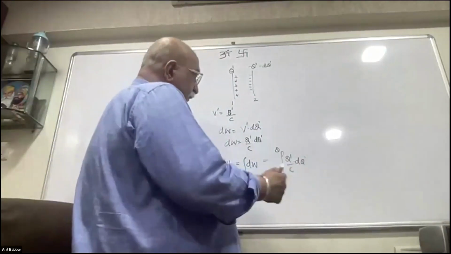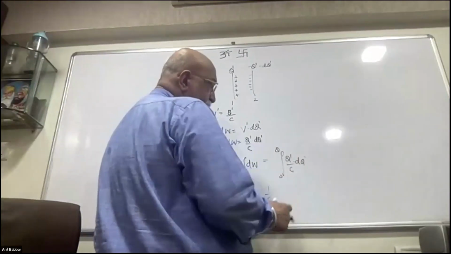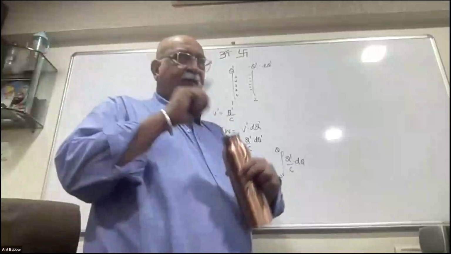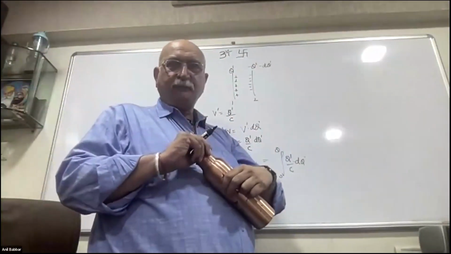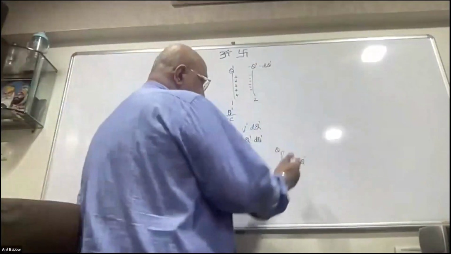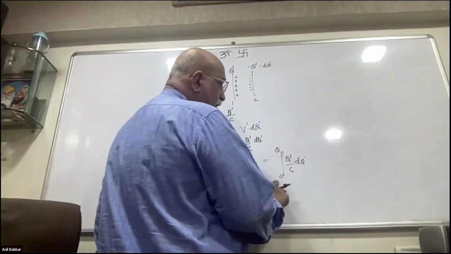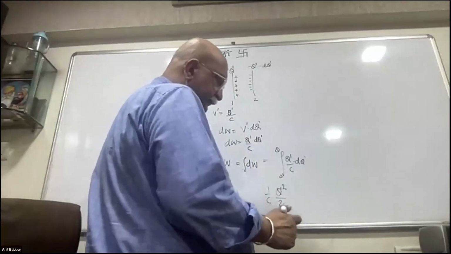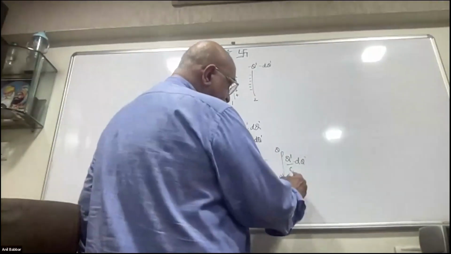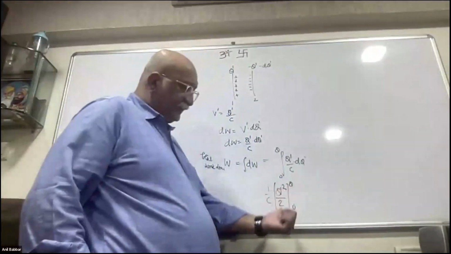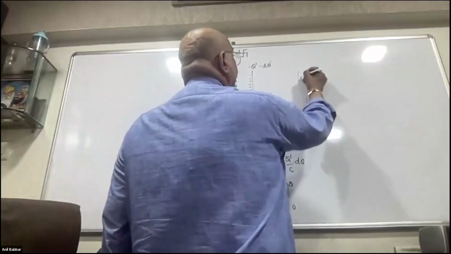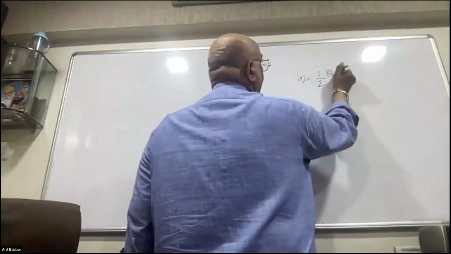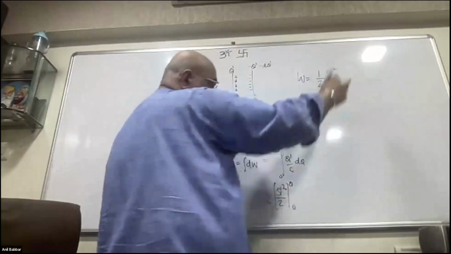Integration of Q' is Q' to the power 1 plus 1, power is 1, 1 plus 1 is 2, upon 2, from 0 to Q. Now putting the limits, we have work done W equal to half Q square by C minus 0, so it doesn't make any difference.